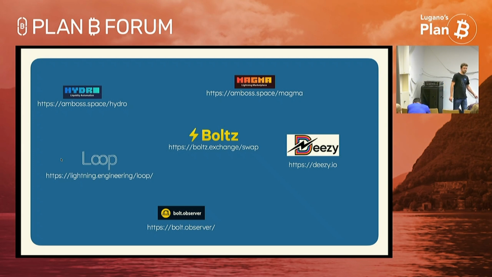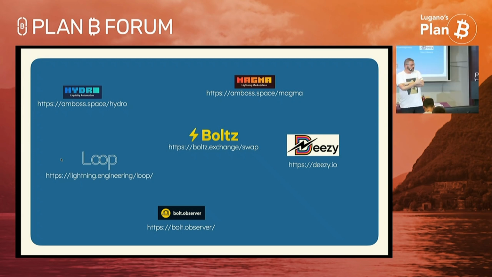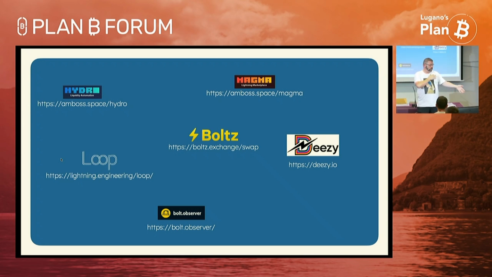As we already mentioned, for looping or for atomic swaps, we need to have services. Also, there are already mentioned Dizzy, Bolts, and Loop. Also, there are other services. Imagine you are a merchant and you need inbound liquidity now.